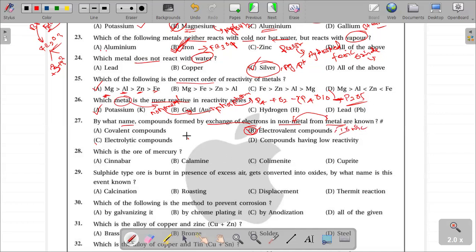If it is metal with metal, then it is metallic bond. If it is a non-metal with a non-metal, then it is covalent bond. Suppose it is hydrogen with a highly electronegative atom, then it is called hydrogen bond.